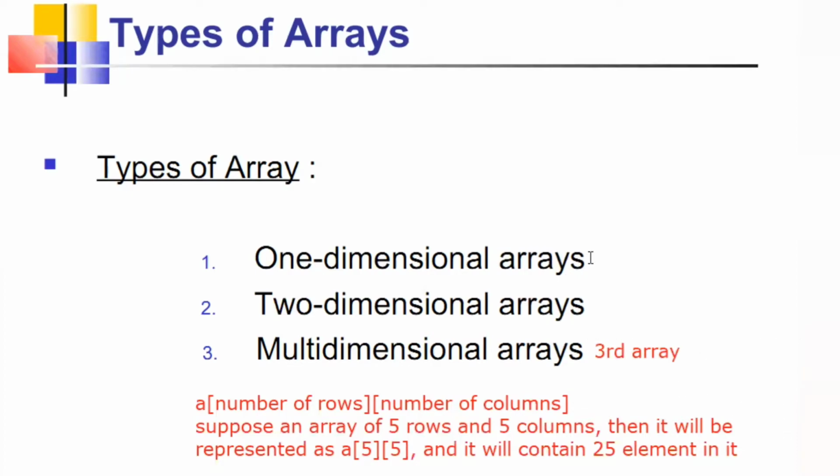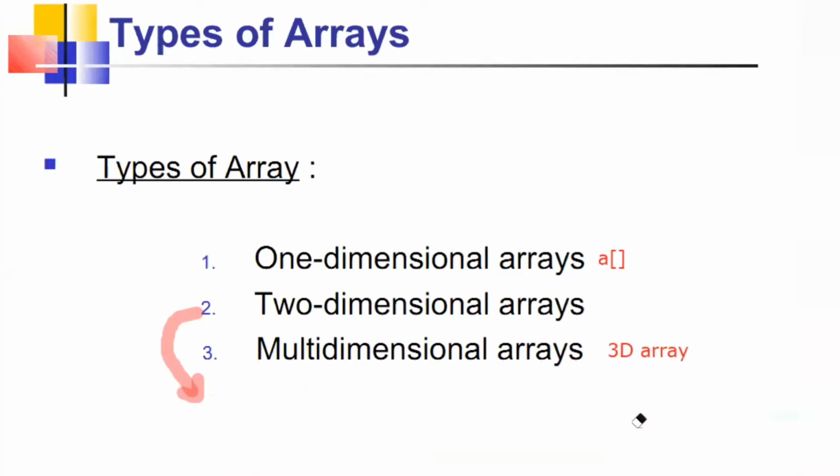Okay, so one-dimensional array is like this, A of this, two-dimensional array like this, and multi-dimensional array will be a 3D array, with three dimensions. Okay, moving to our next slide.